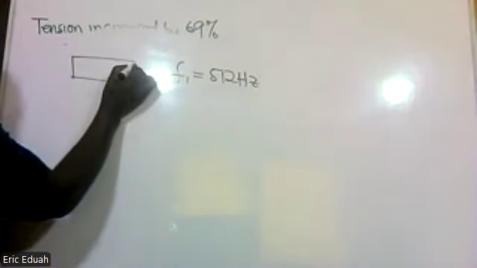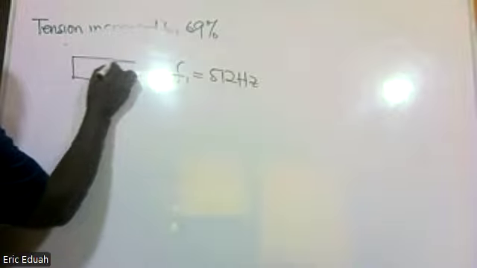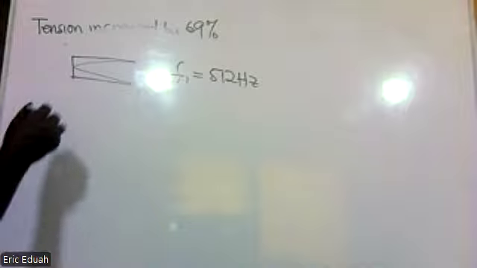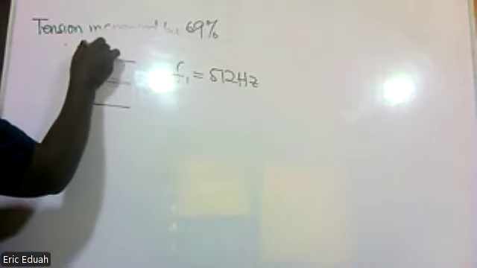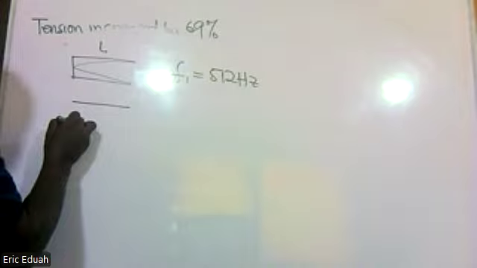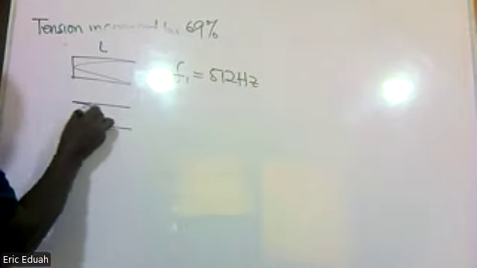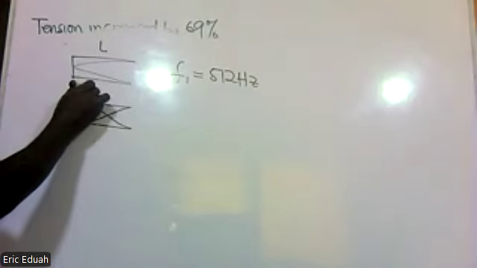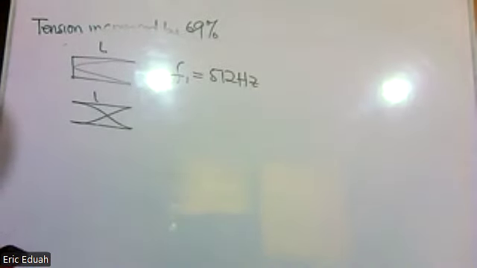What is this note? The note will look like this. If the same tube is open at both ends, meaning the same length, this time open at both ends, what will be the fundamental frequency that can be produced?